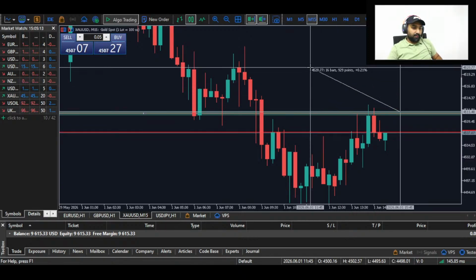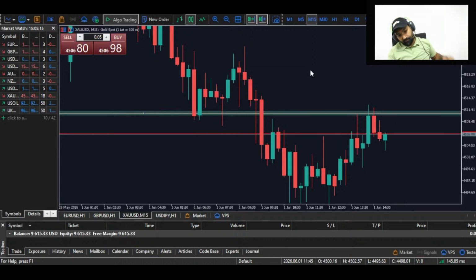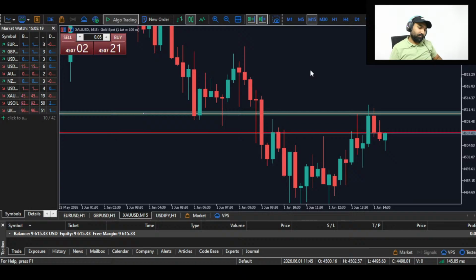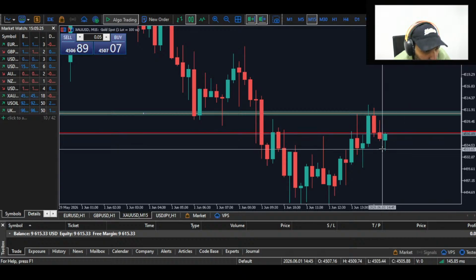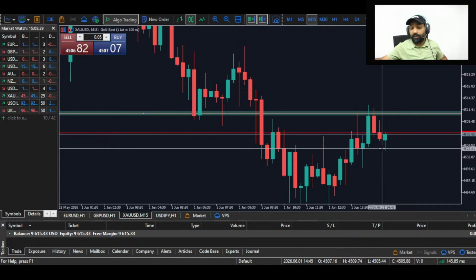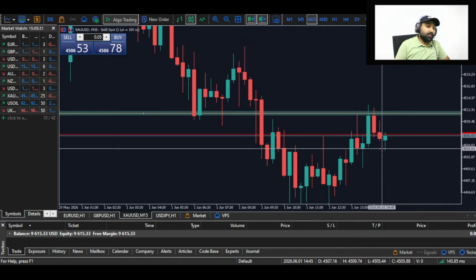There we go. We have almost 92 pips. Even though we had a stop loss below this wick over here, we were out of the trade. Overall that SL was fine to me, I guess.